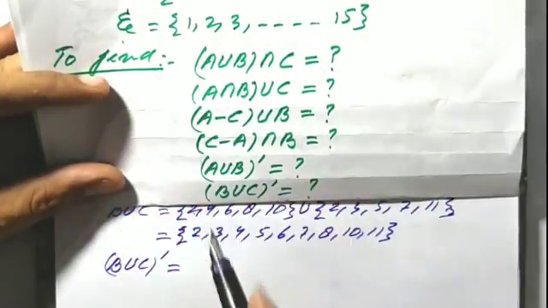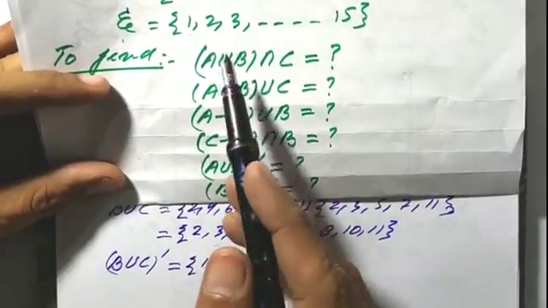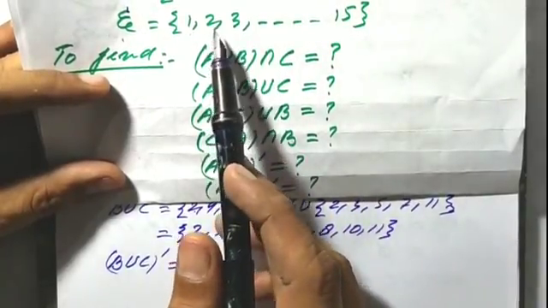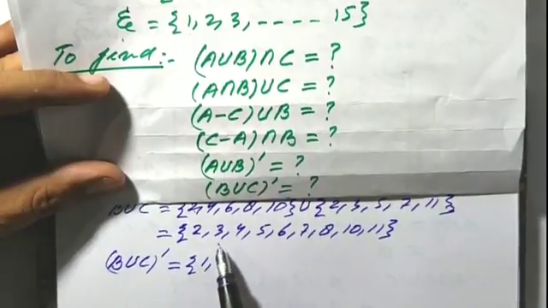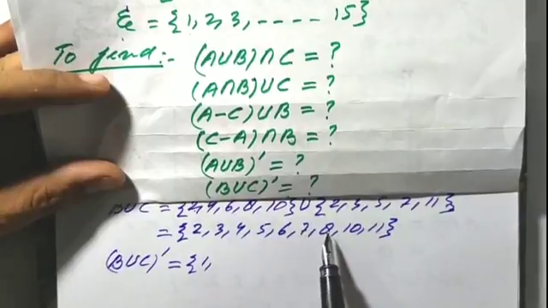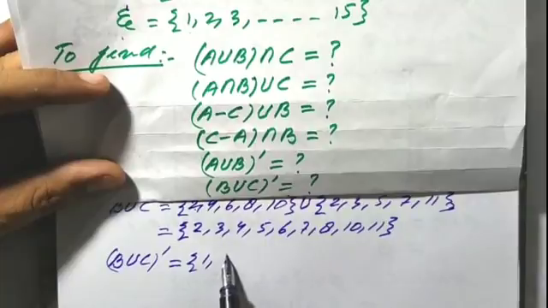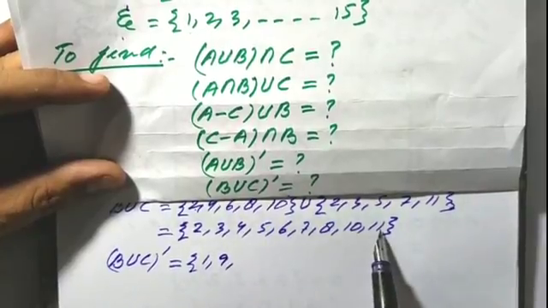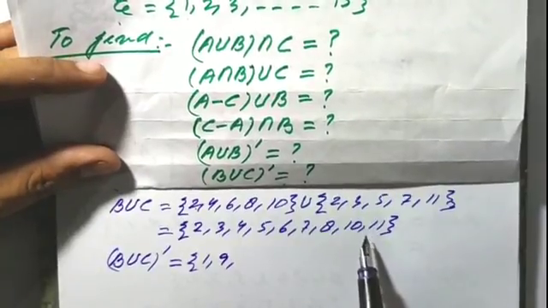So as you see, 1 is not contained in B union C. So we take 1, and after 1, all the elements from 2 to 11 are contained, except 9, sorry. 2, 3, 4, 5, 6, 7, 8 are contained, but 9 is not contained, so we have to take 9. 10, 11 are contained by B union C, so we have to exclude these two elements from the complement.